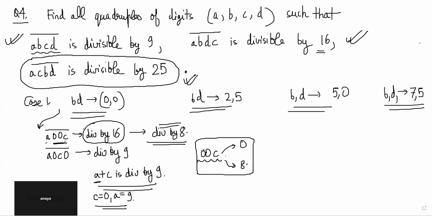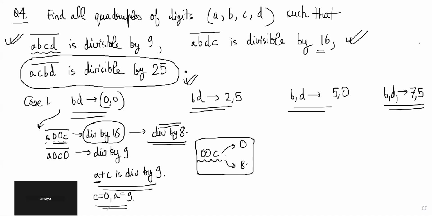9,000 is divisible by 8 because the last 3 digits are 000. You can check it: 1,125 into 8 is 9,000. But it is not divisible by 16 because 1,125 is odd.